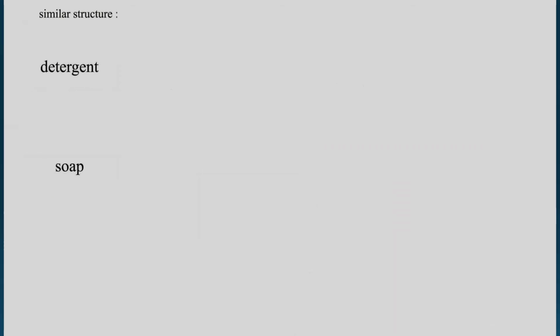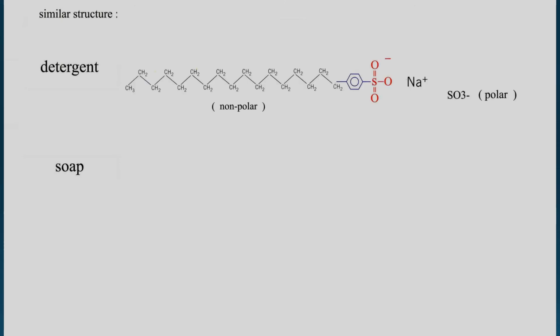Now if we look at the structure of detergent and soap, detergent looks very much like soap. It also has a polar part and a non-polar part. The polar part, this SO3 minus, is negatively charged and polar, with a long hydrocarbon tail.